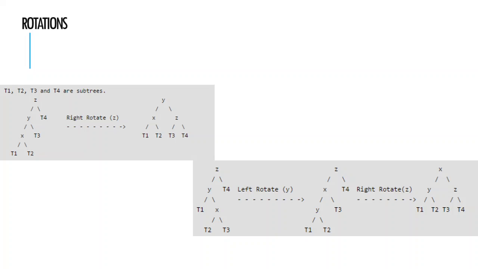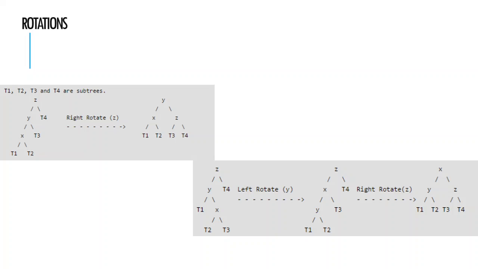If we did the left rotation, we would have Z as the main node, root node, X and Y and T1 on the left side. On the right side of Z, we will have T4. On the right side of X, we have T3, and the right side of Y, we have T2.